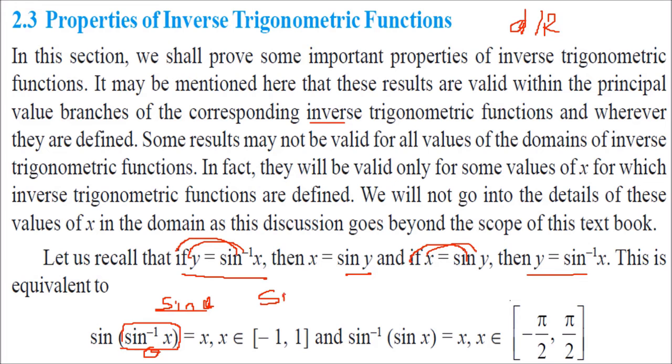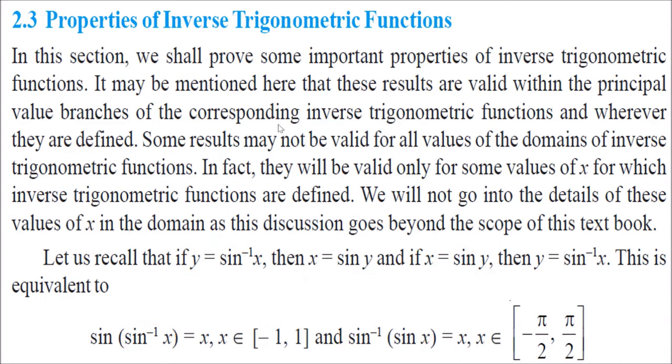But when you are talking about sine inverse x, the domain of this x will be from minus 1 to 1. But when we are talking about sine inverse of sine x, now we are talking about the angle x which is inside sine. So now x can take values from minus pi by 2 to pi by 2. This is our principal value branch.